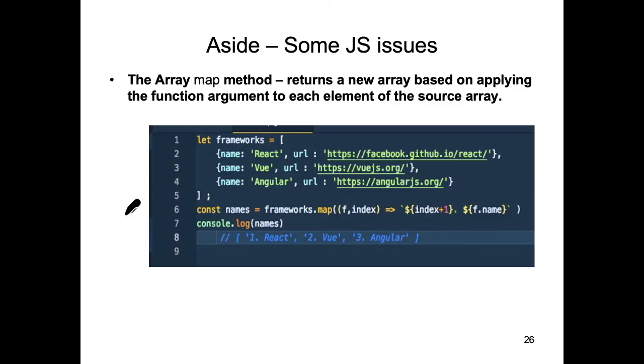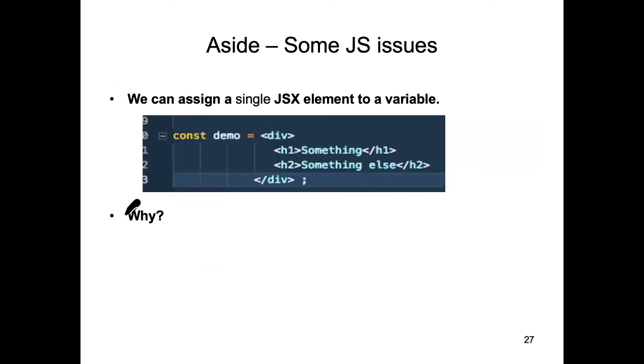The third thing, which is more JSX related, is that it's perfectly acceptable to assign a piece of JSX to a variable. That's a normal assignment that you might make in a React component implementation. At first viewing, that looks odd. I'm posing the question here, why do you think it is possible to do that? I'll give you a hint. The hint is transpilation.